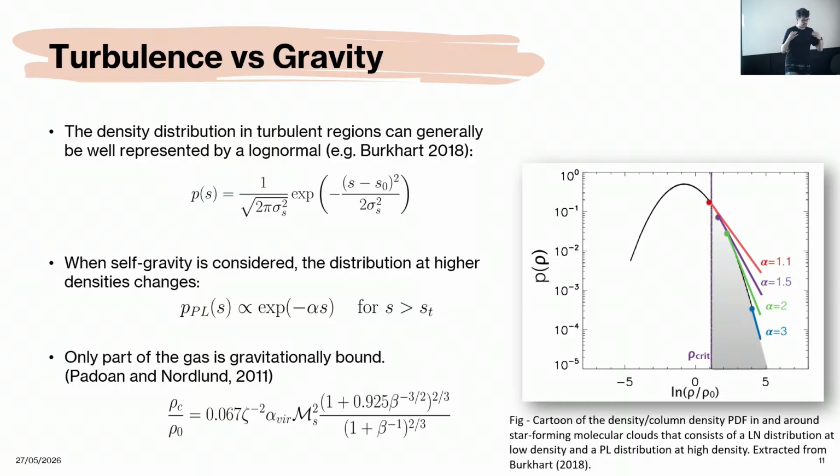But what is interesting is that as the structures collapse and we have this coagulation of matter at denser regions, and these regions start to become important, a second part of the curve shows up, and we start to have this power law at larger densities that we can use to correlate how much of the structures are being affected by gravity. And then we can define a certain critical value above which we have these structures affected by gravity.